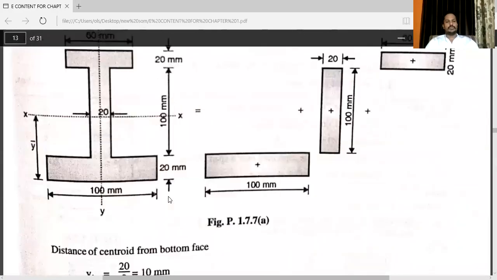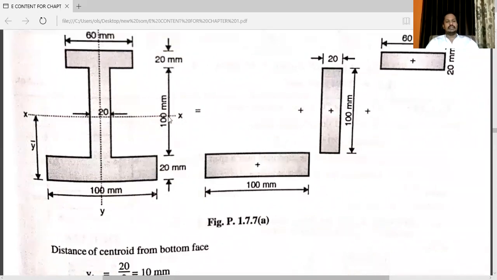From the baseline, you have to draw one horizontal line, that is the x-axis, and the distance from the baseline is y bar. You can see this vertical distance y bar.